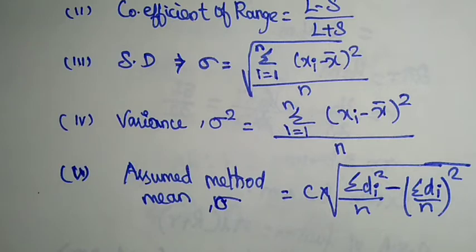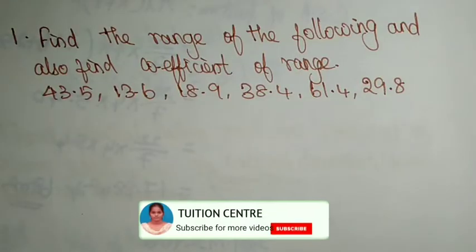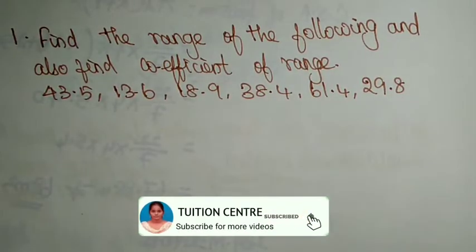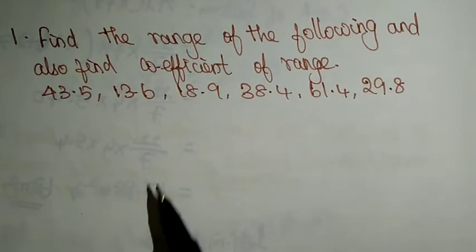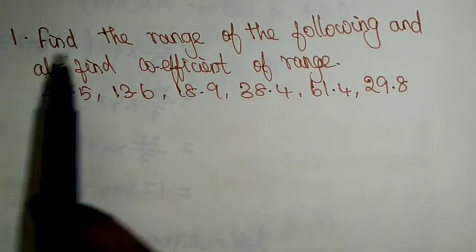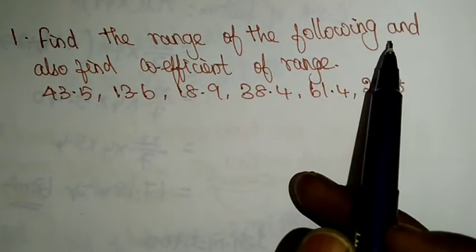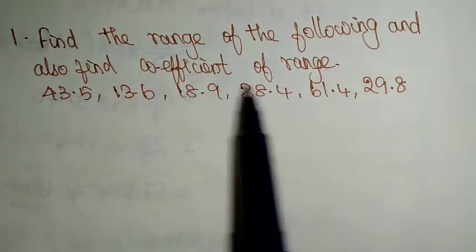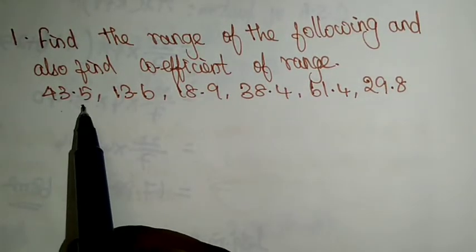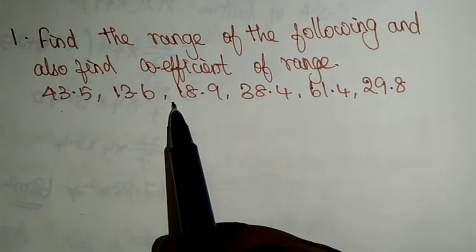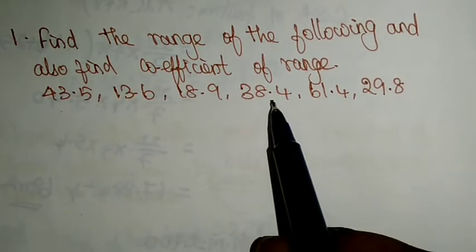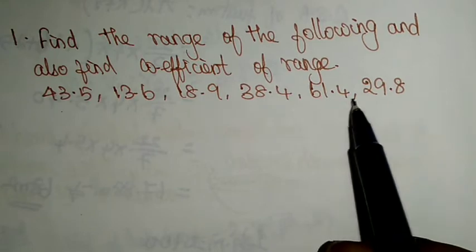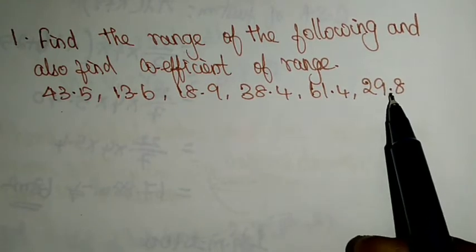Okay, now we are going to see exercise 8.1. First problem: find the range of the following and also find the coefficient of range: 43.5, 13.6, 18.9, 38.4, 61.4, 29.8.